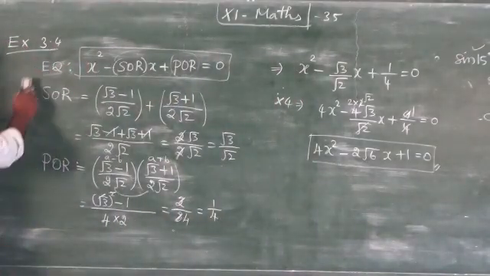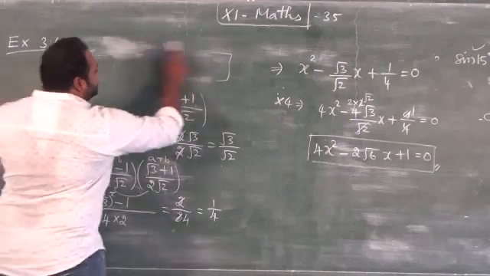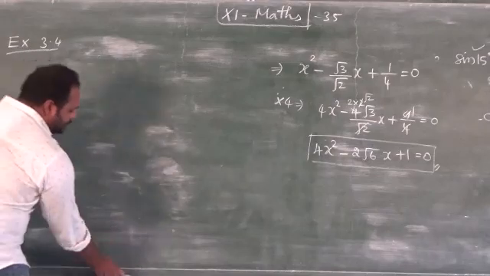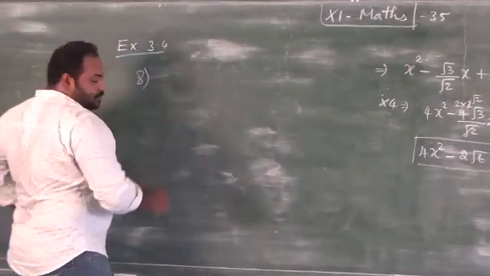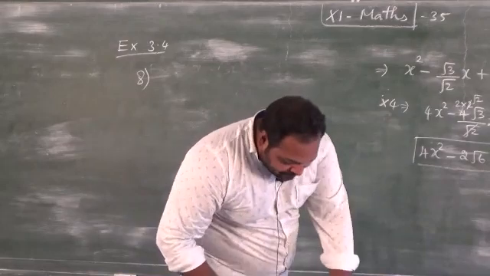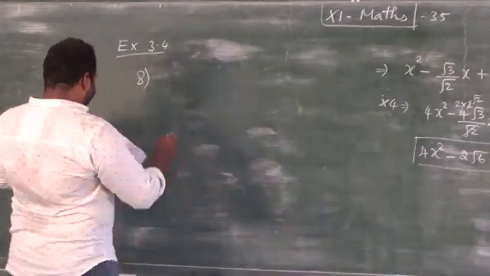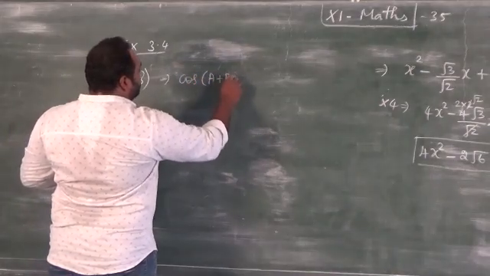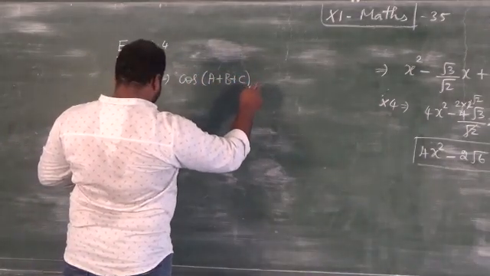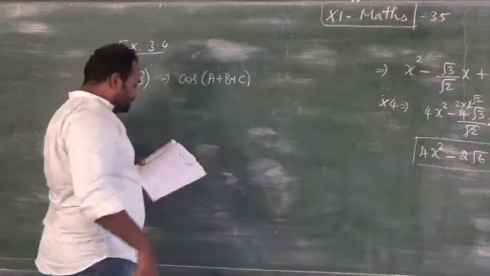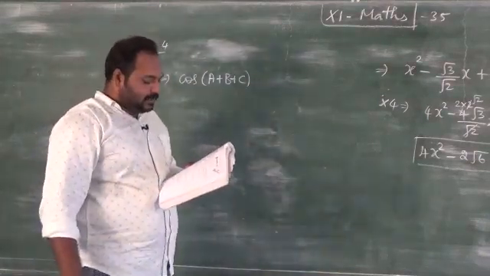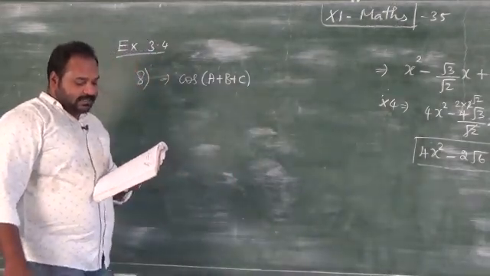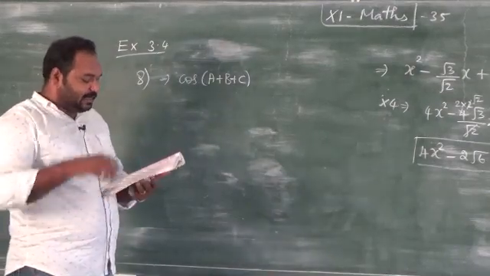Next, problem number 8. Problem number 8 is: expand cos of a plus b plus c, hence prove cos a cos b cos c equal to sin a sin b cos c plus sin b sin c cos a plus sin c sin a cos b.